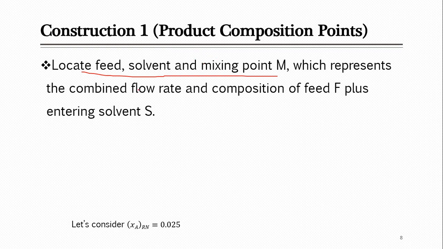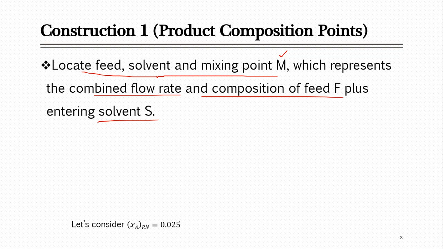The mixing point represents the combined flow rate and composition of feed and solvent. You already remember this, the same which we talked about in the previous lectures. Here the construction is more or less similar. There are a few modifications because we are looking for the number of stages and there is not only one stage, but the procedure is more or less the same.